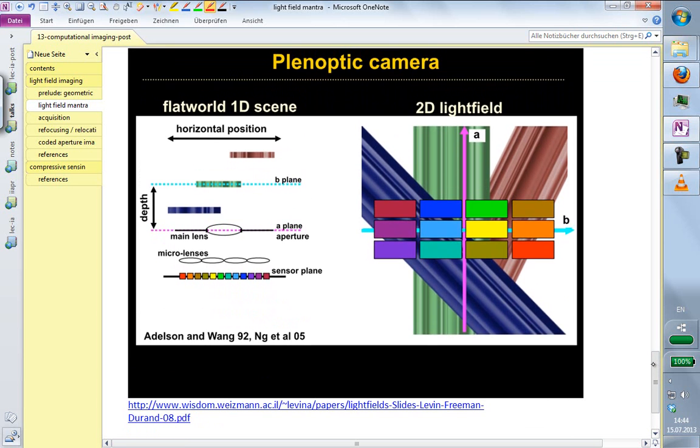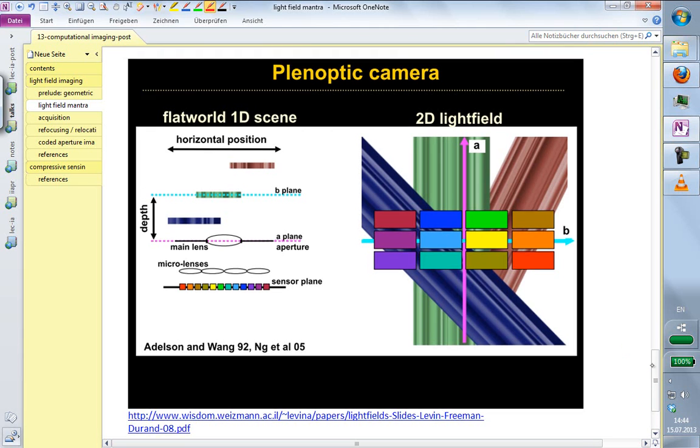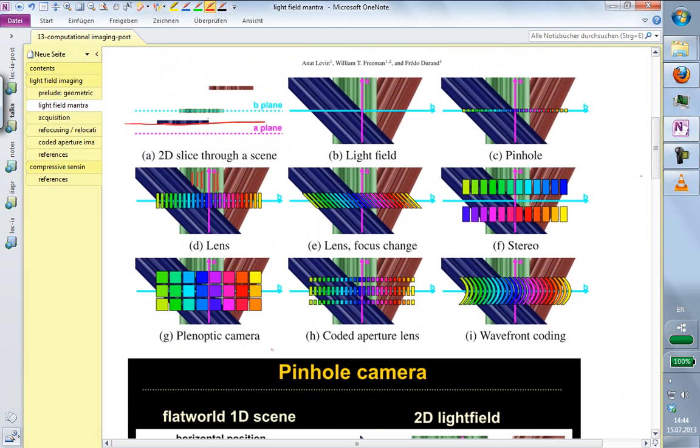So the light field, even if four-dimensional and already not so easy to measure or to acquire, is really just a small subset of everything there is to know about a visual scene. And the other comment is that, after the break we will talk about the Plenoptic camera and then about what is a coded aperture lens and briefly about what is wavefront coding.